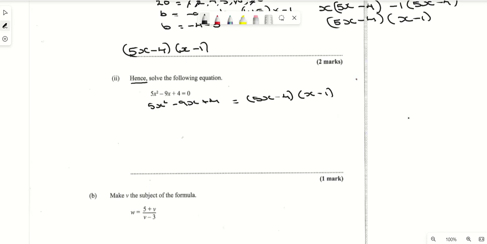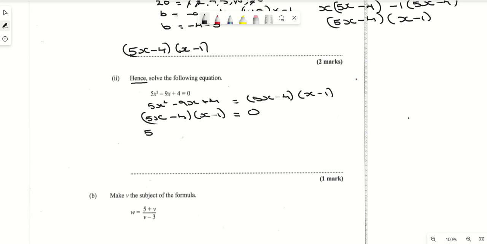So you can say 5x minus 4 by x minus 1 is equal to 0. When you are solving a quadratic via factorization, you let each bracket be equal to 0.